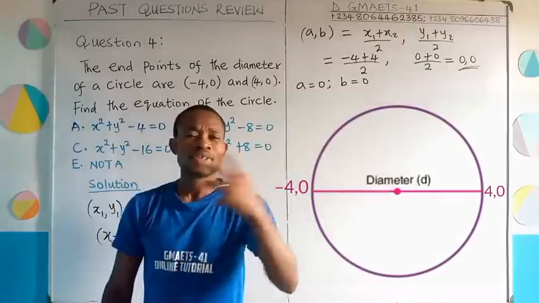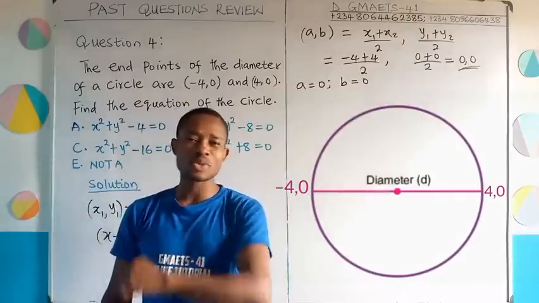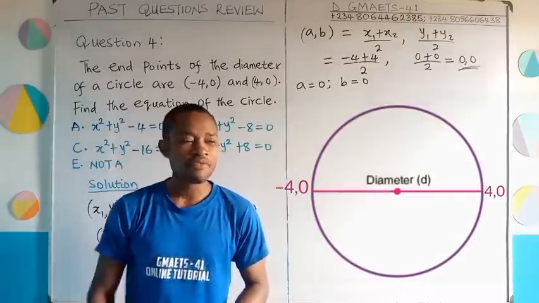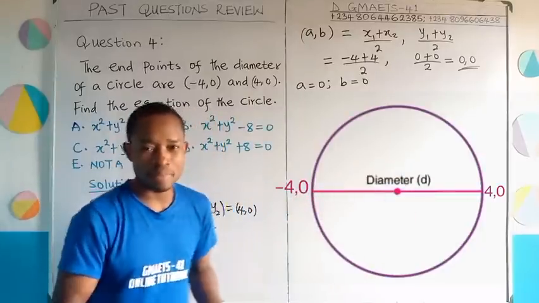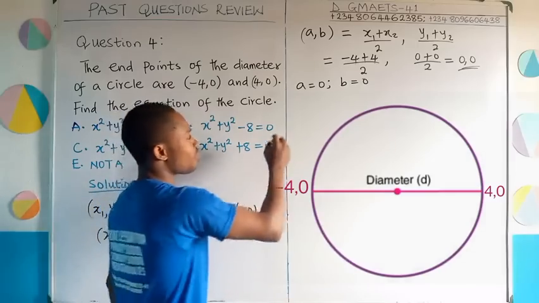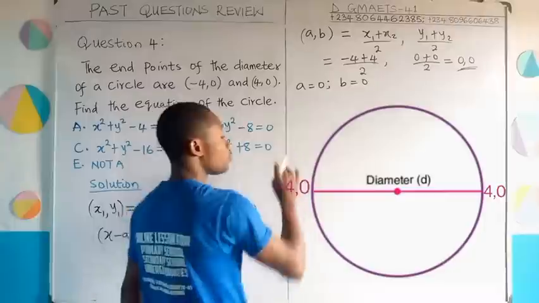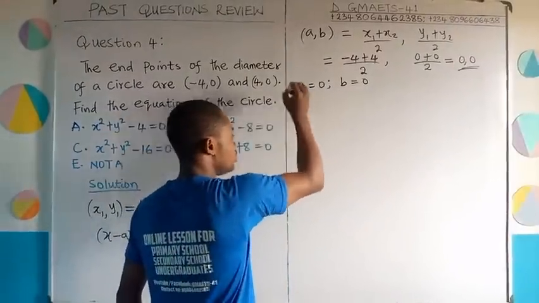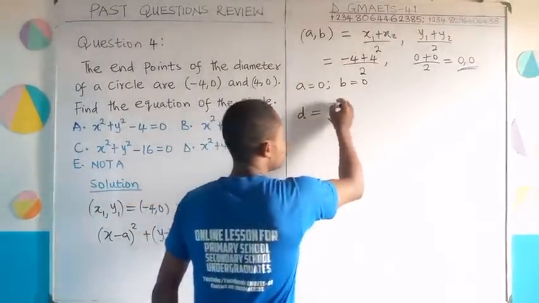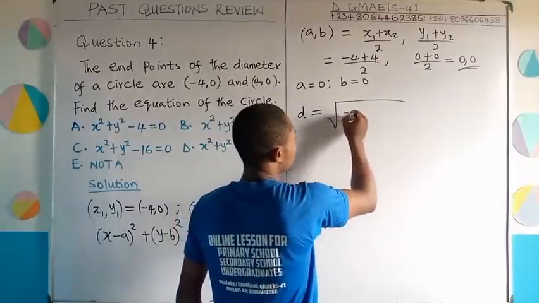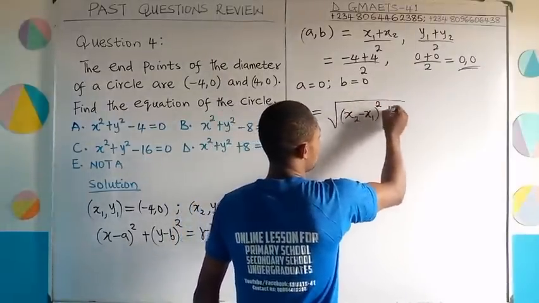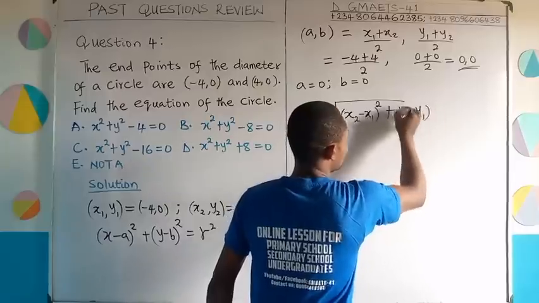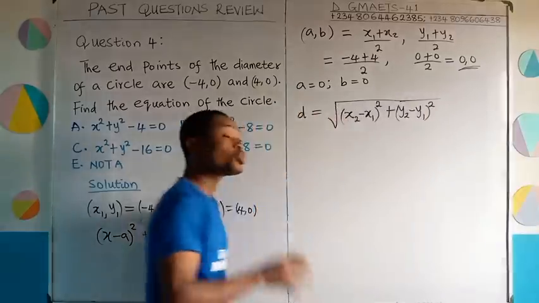Do you remember that we have what we call the distance between 2 points formula? If you have 2 points, we can determine the magnitude of the distance. And what is the formula for calculating the distance between 2 points? Our diameter d is simply the square root of x2 minus x1, squared, plus y2 minus y1, squared. This is the distance between 2 points formula.